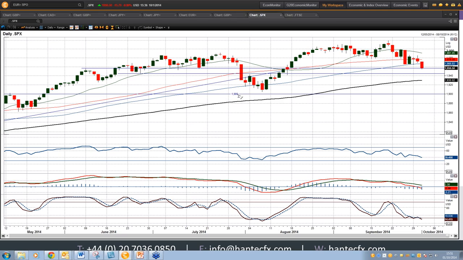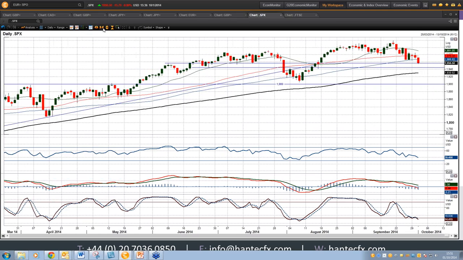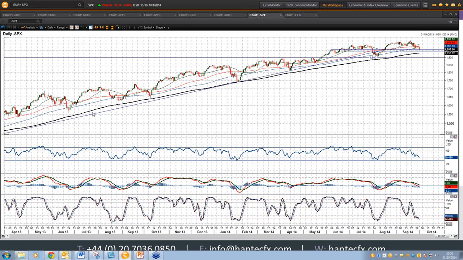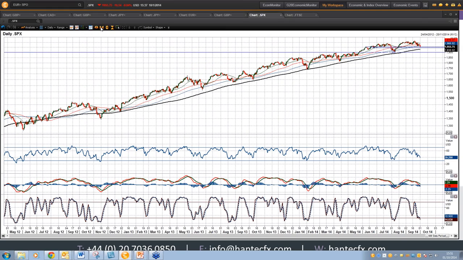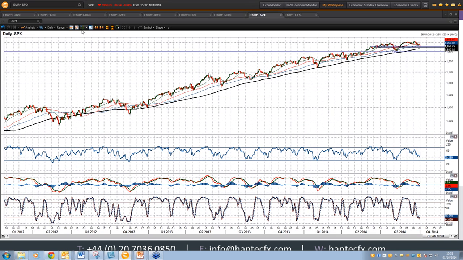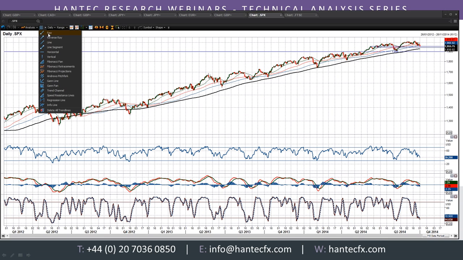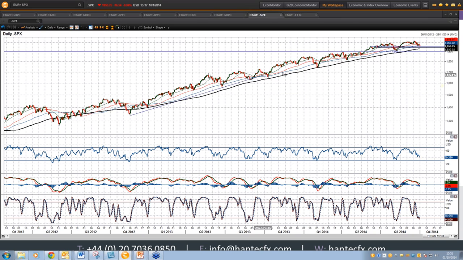But also, if you zoom out on the S&P 500, you get what that uptrend is doing there. From July, you get a pretty strong uptrend. Okay, it's not that one.